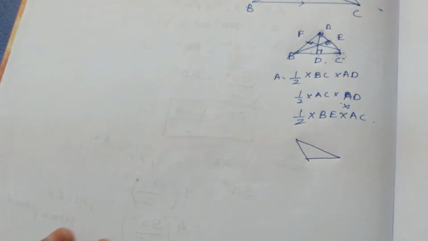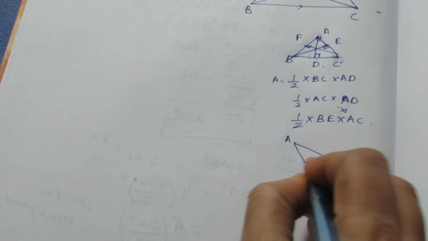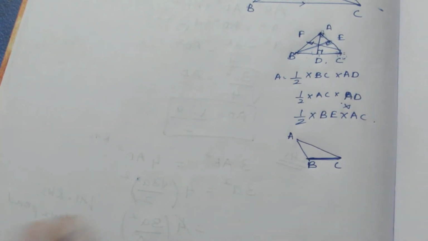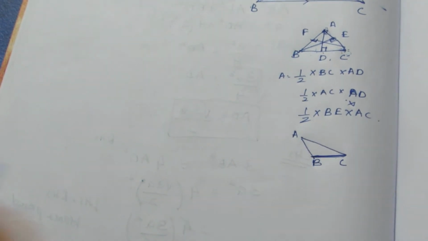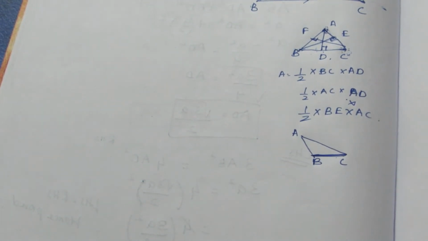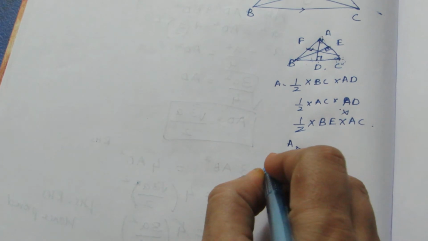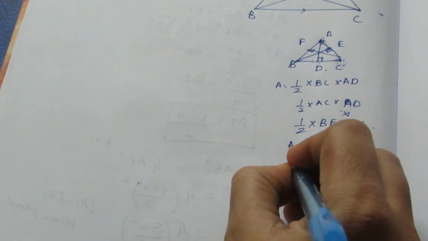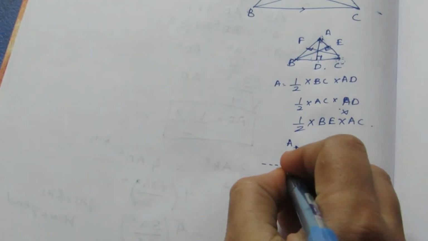As I told before, the angle should be 90 degrees on the base. If this is my triangle ABC, I want my base to be BC. If my base is BC, I can't draw a 90-degree line inside the triangle. If I can't draw the perpendicular inside the triangle, then we should extend the line and draw it outside. This will be my height.